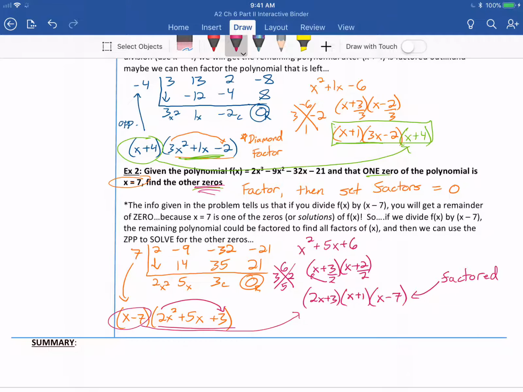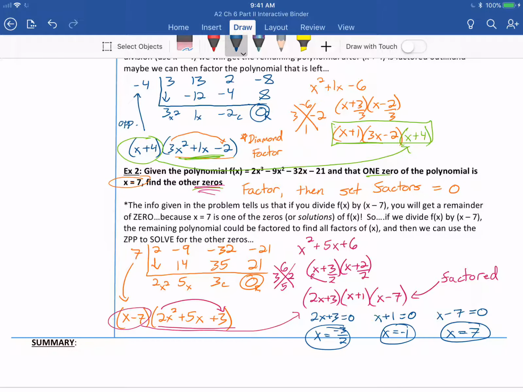So I set each one of these equal to 0 here. So now I go 2x plus 3 is equal to 0, I go x plus 1 is equal to 0, and I go x minus 7 is equal to 0. So if I solve all these guys down, I subtract the 3, divide by 2, I get x equals -3 halves. Then I get x equals -1, and I get x equals +7 for that last one.